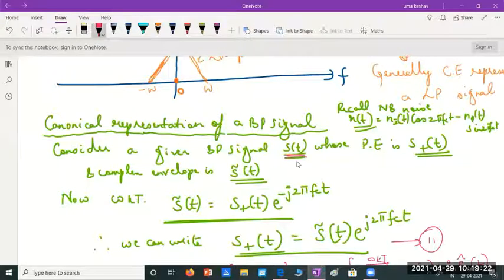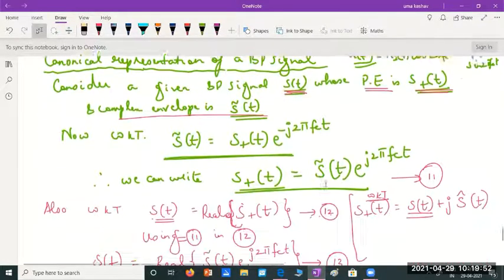The pre-envelope of that signal is S plus of t, and the complex envelope of this signal is S tilde of t. We have already defined the relationship between complex envelope and pre-envelope in the last class. The complex envelope is given as pre-envelope into e power minus j2 pi fct. Okay, so we had already defined this.